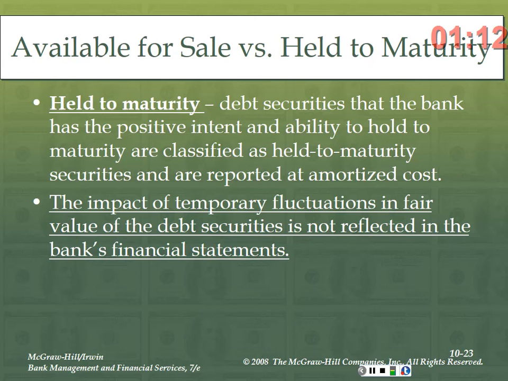So basically, amortized cost is when, if you buy a bond at a premium, the price fluctuates towards par as the bond heads towards maturity. If you buy it at a discount, the price of the bond increases towards par as the bond matures.